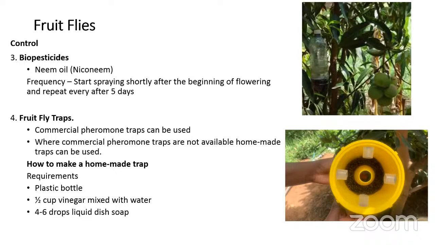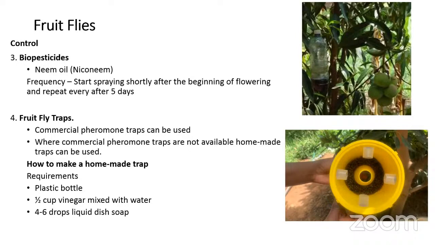The fourth method is by use of fruit fly traps. On the left hand side, I have shown the commercial pheromone trap, which I extracted from one of the postings which Engineer Chiwala posted on the WhatsApp group.